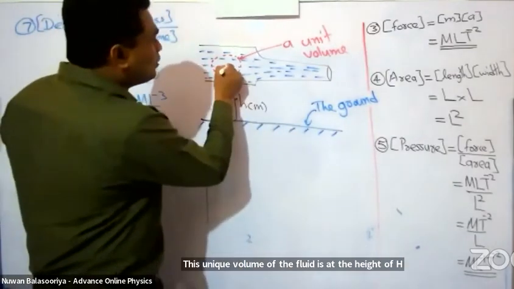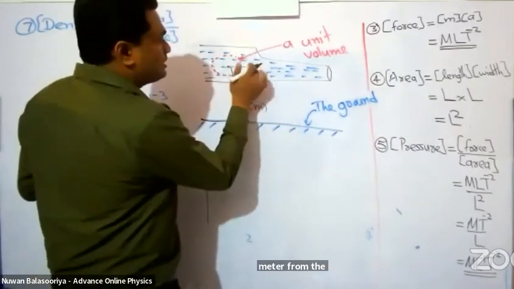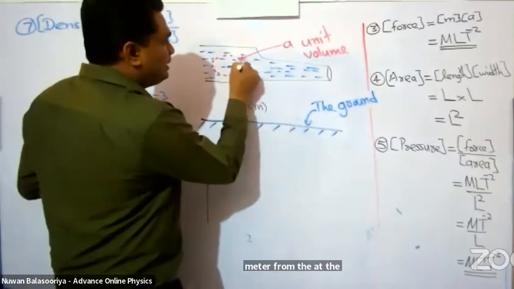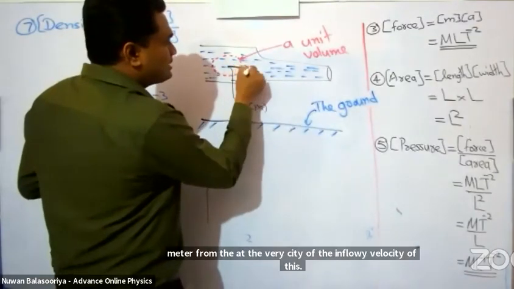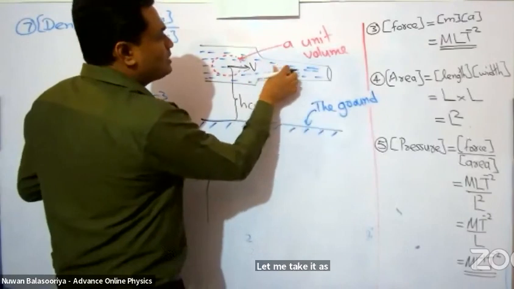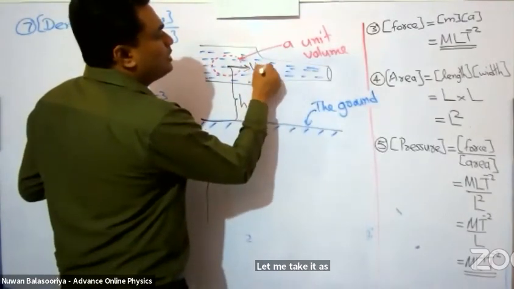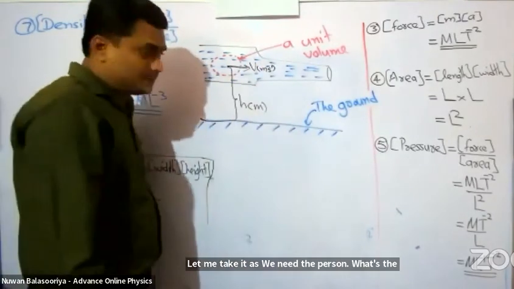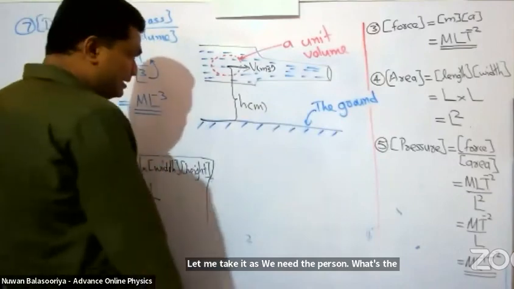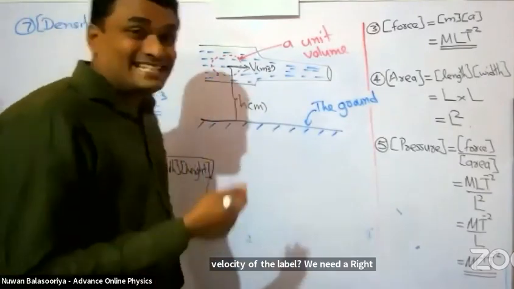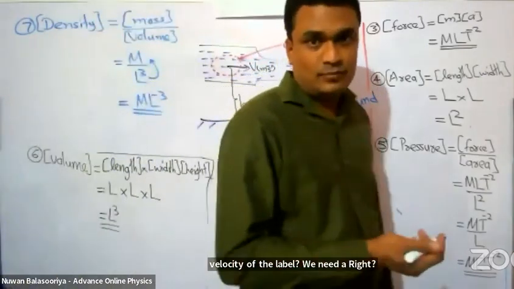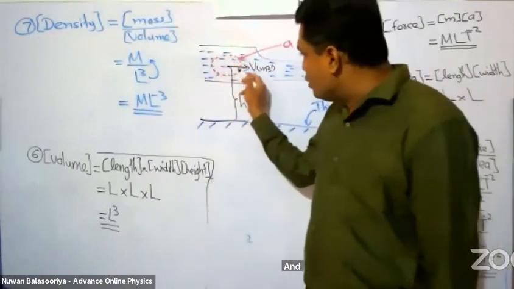And the velocity of this liquid, let me take it as V meter per second. What's the velocity of the liquid, Lamai? V meter per second, right? And liquids, gases, they have pressures. So this is the unit volume of the fluid.